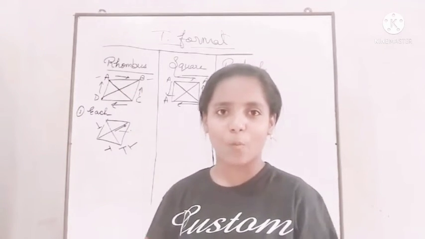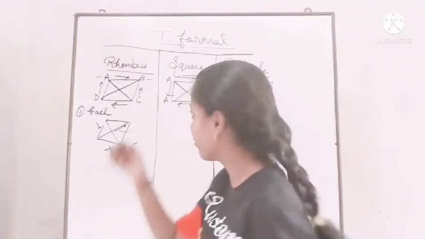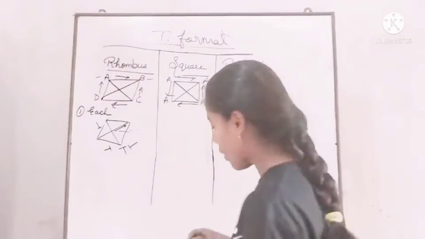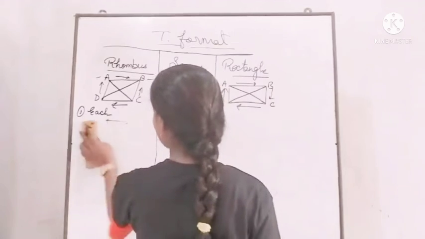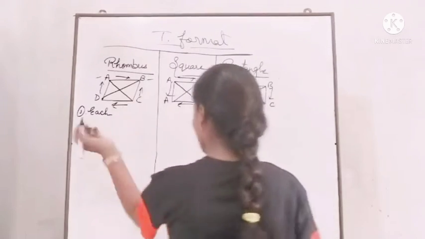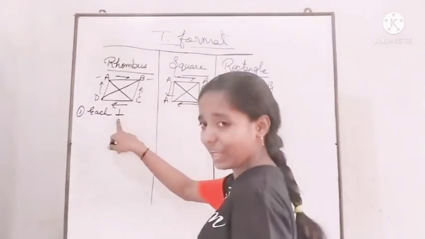You'll be surprised: while talking together, we have discussed one property of the rhombus. What is that property? Let me write it for you all. Each perpendicular to each other.